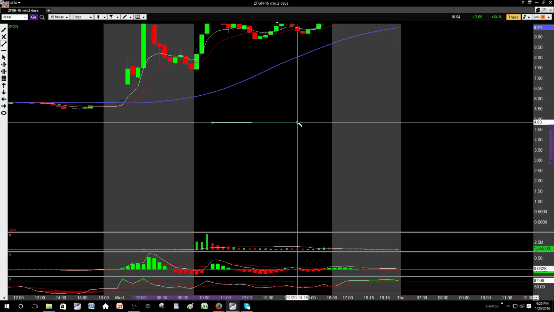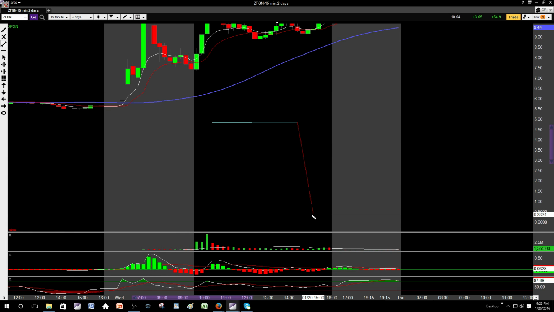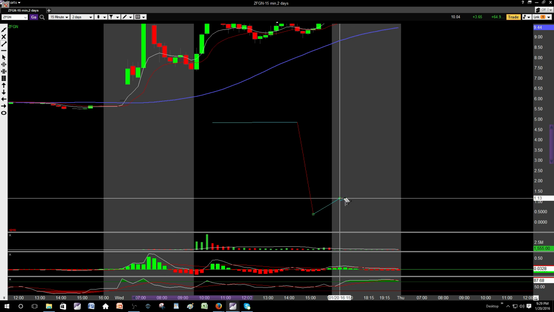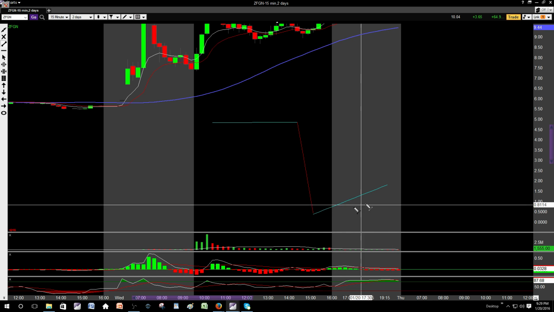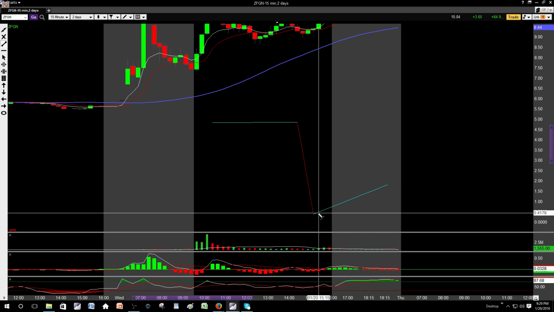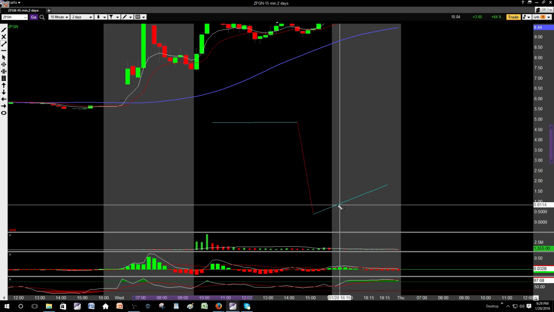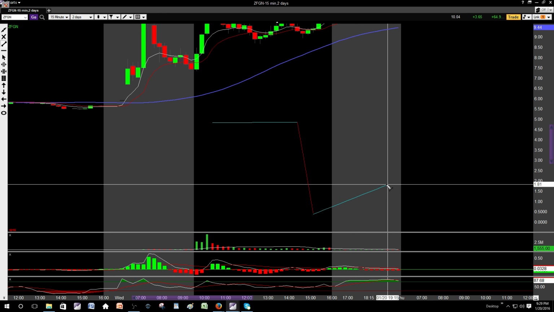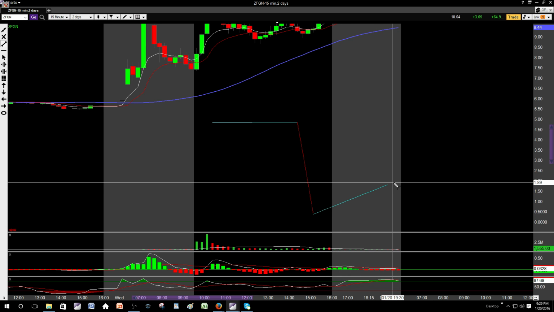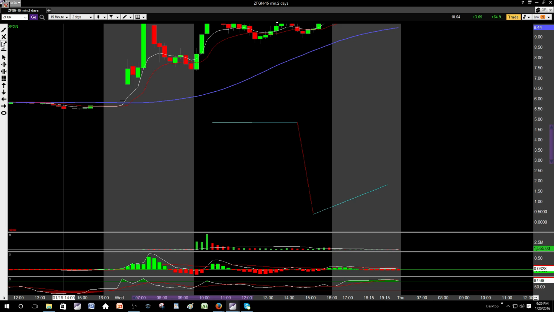So a stock's trading in this range, it gaps down to here, and right at open it starts climbing up right there. This move here would be considered a dead cat bounce, where immediately as the open started, shorts started covering, and probably some buyers started coming in, and along with them both, it just started to come up slowly. So that's considered a dead cat bounce, as far as gaps go.